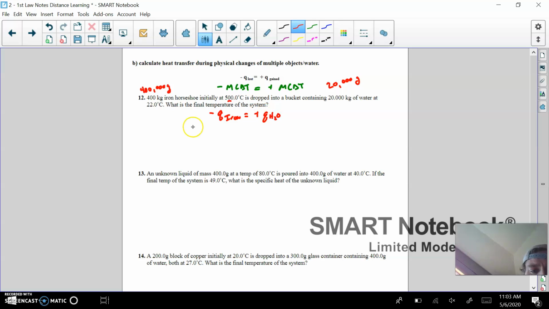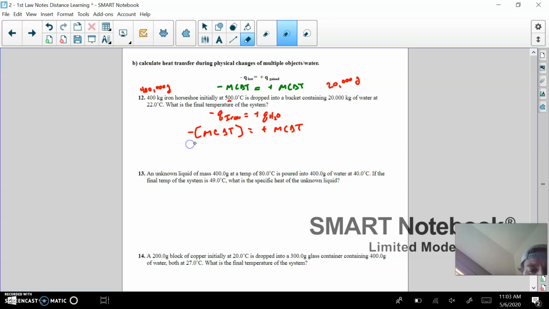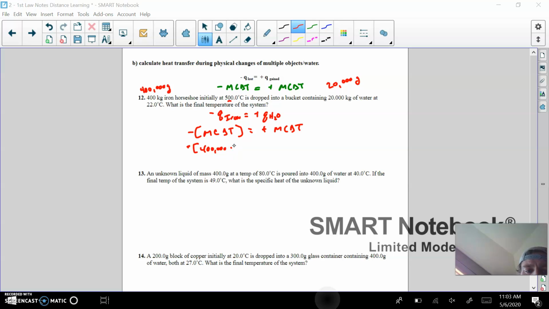So how you set it up is you say negative MCΔT is equal to positive MCΔT. So we have negative 400,000 times C, the specific heat of iron, which I believe is 0.388. I might have written that wrong on the answer key.